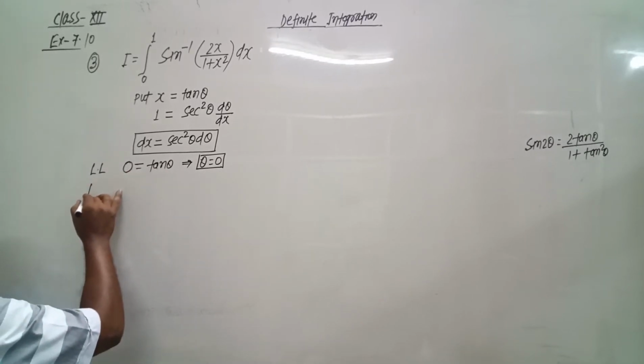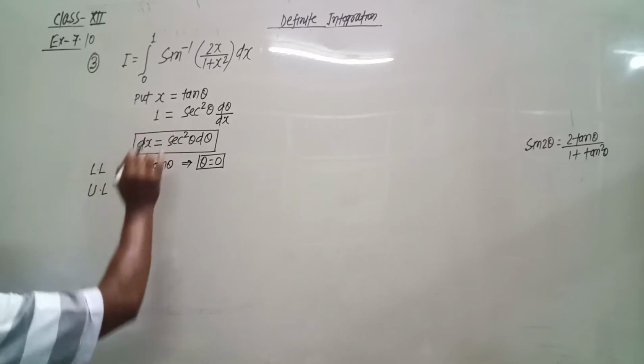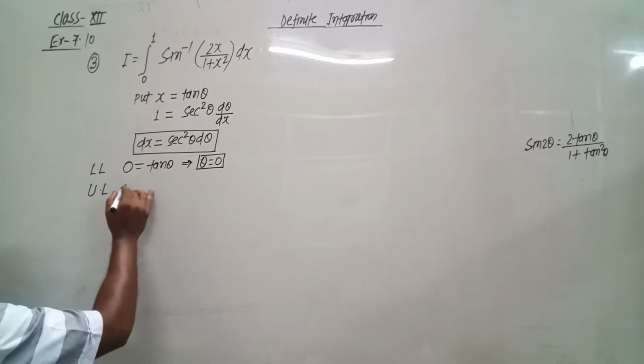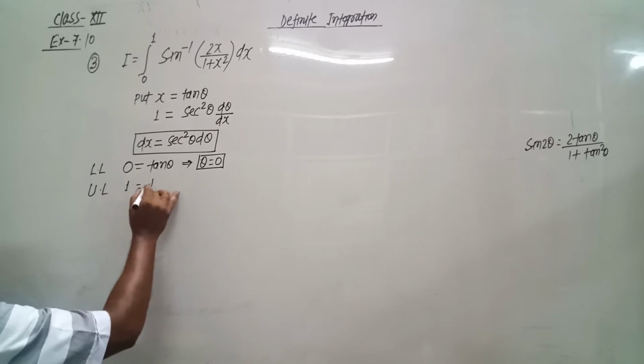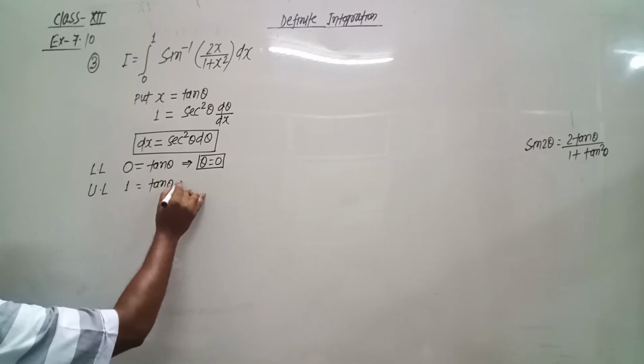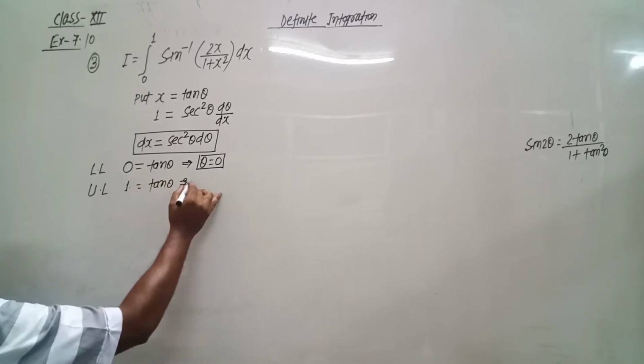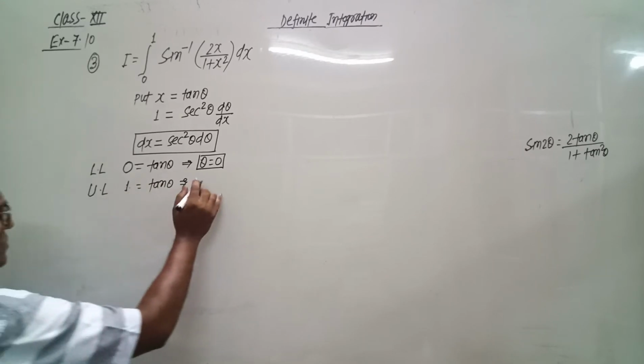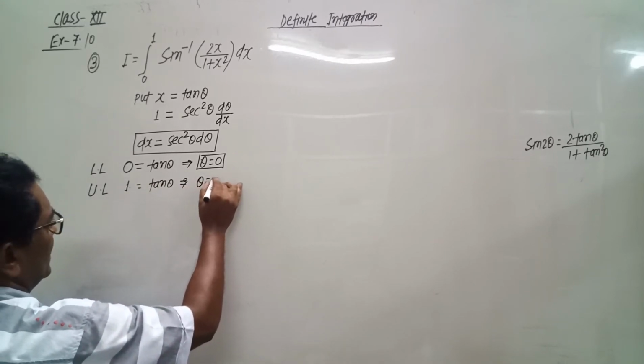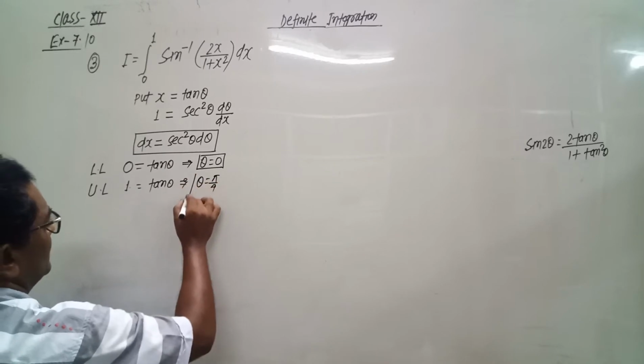For the upper limit, we put x equals to 1. So 1 equals to tan theta, and this 1 can be written as tan pi by 4. So for the upper limit we get theta equals to pi by 4.